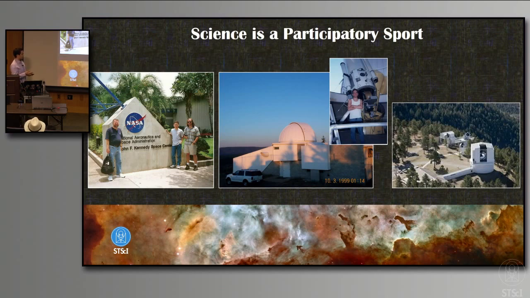But it wasn't really until I was an undergraduate at the University of Washington, which is that middle picture there, where I really got to do sort of the participatory sport that is science, that is astronomy. Okay, the best way to learn and the best way to appreciate anything is really to get in there and try to do some of it. You're going to make a lot of mistakes. I certainly did, but it's a lot of fun.